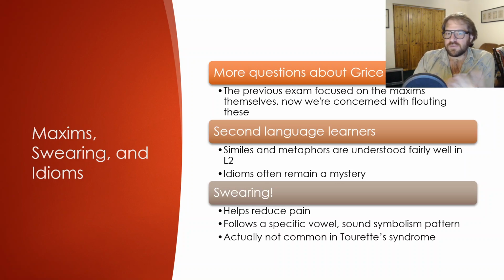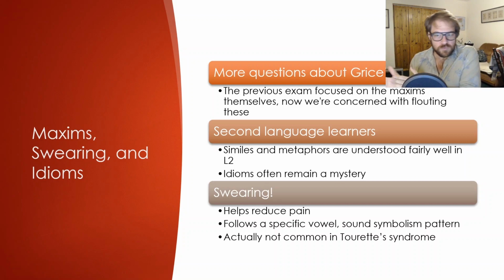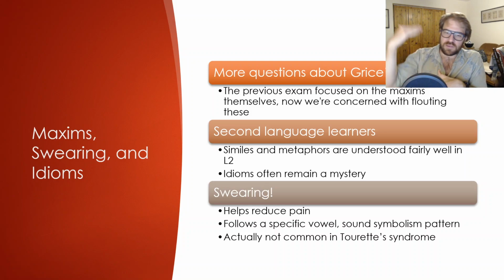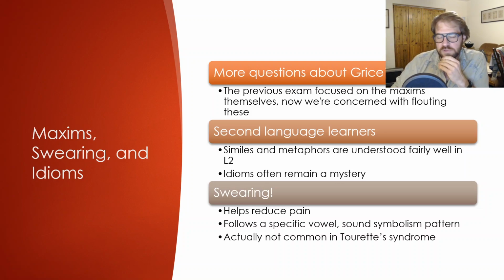We know a tends to be a bit more dissonant than oo, and tends to be voiced at a lower pitch than e. So it could be something like that. But there's definitely reliable patterns to where swear words are and where swear words are not.